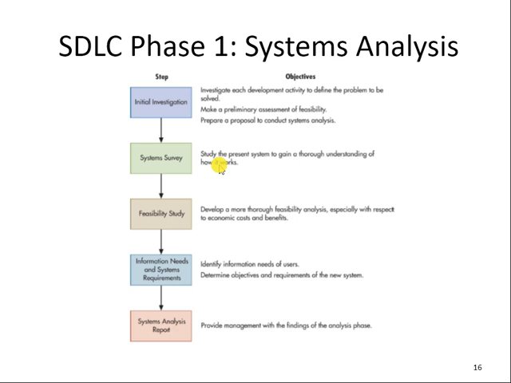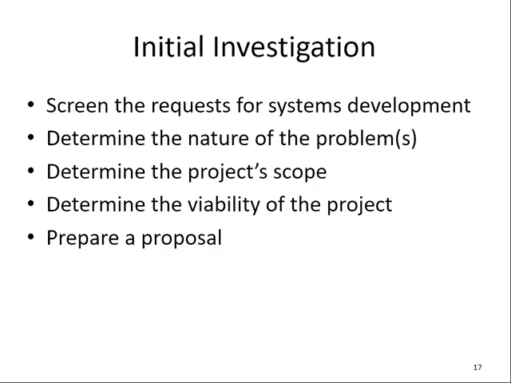Basically, the objective is to understand what we have and what we want to have, and also whether it's feasible, the feasibility. So, how to get the data we want? We have several techniques.